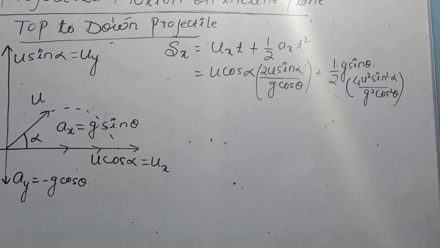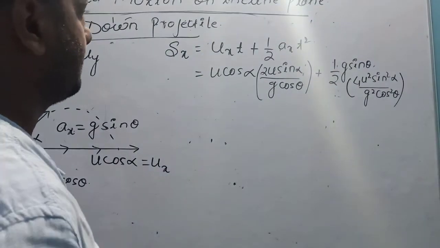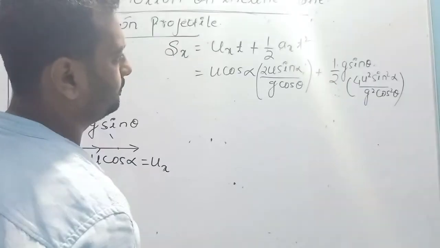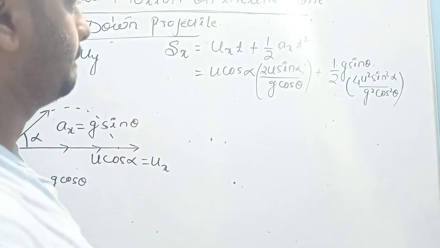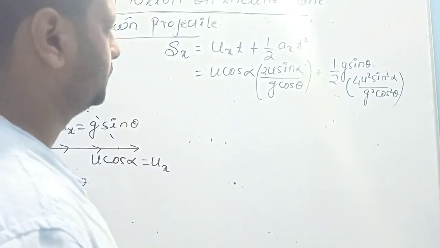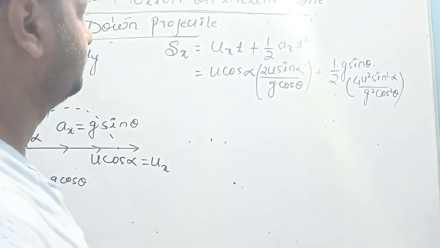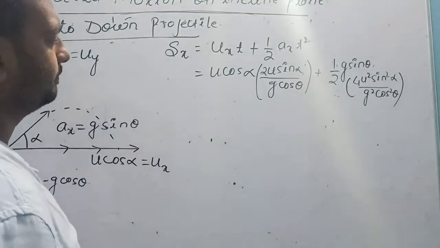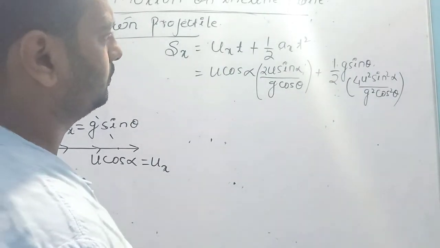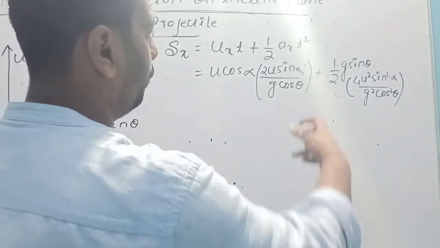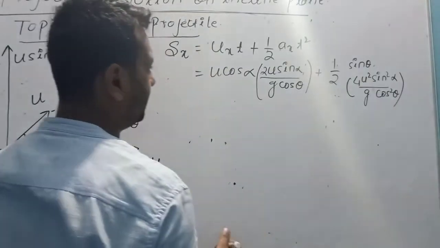So further on calculating this, what we will get? Calculate this. One g will be cancelled out here again.